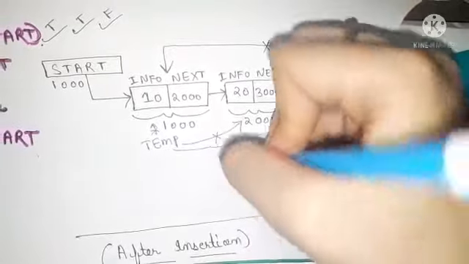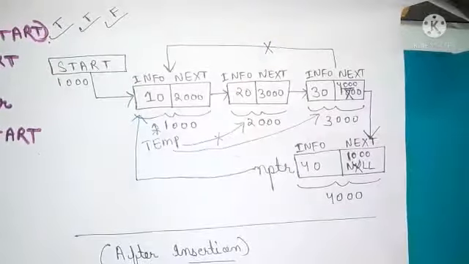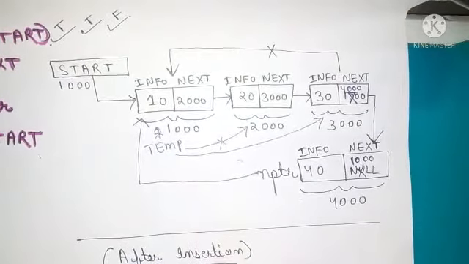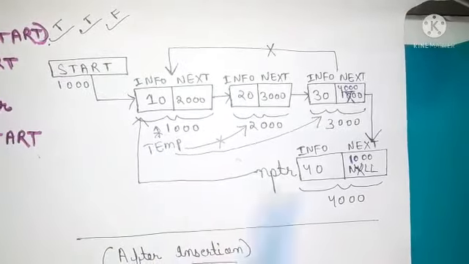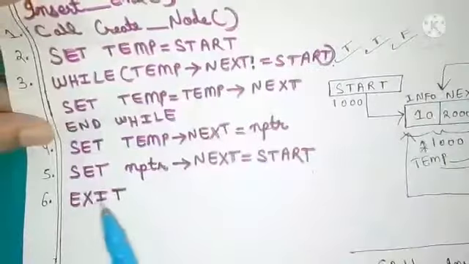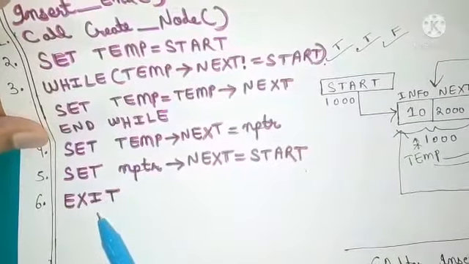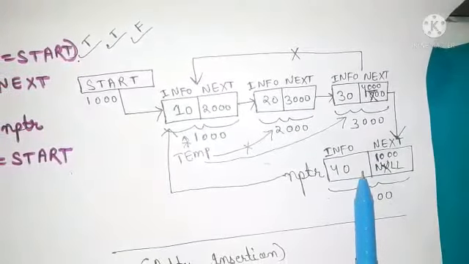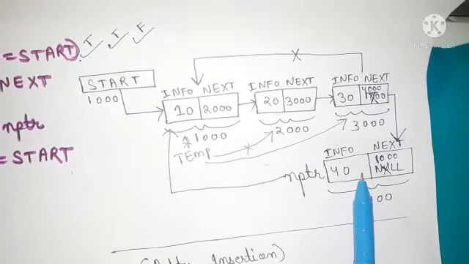So from the last node, nptr points to our first node. It is connected back with the first node, and then the function exits. Thus the new node nptr is inserted at the end of our circular single linked list.